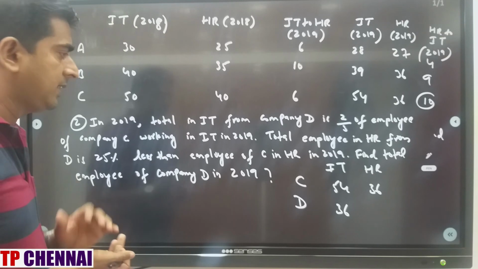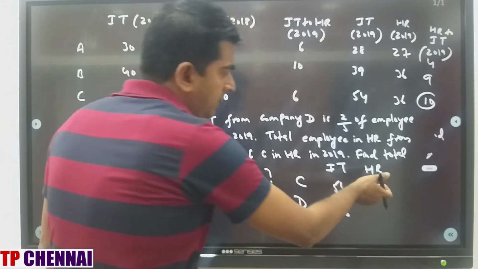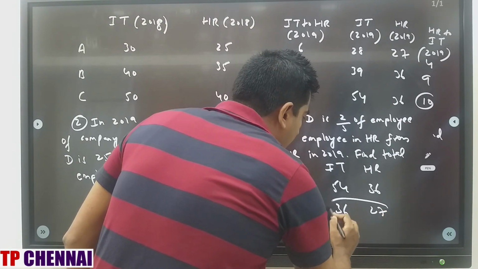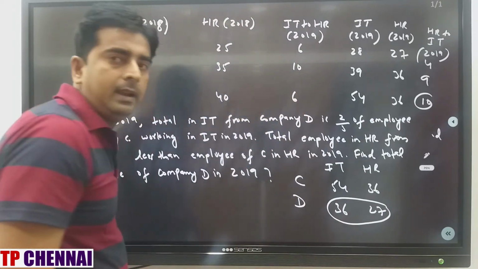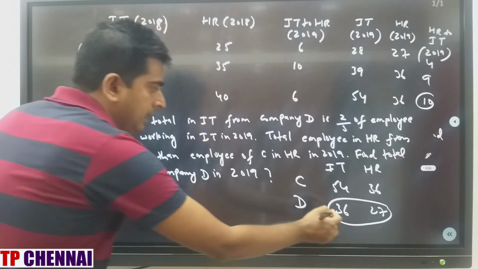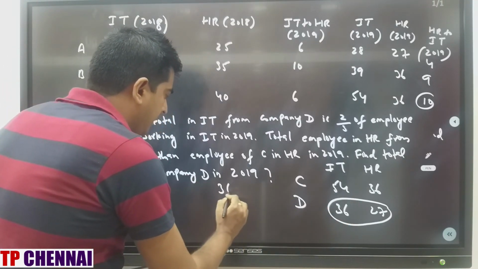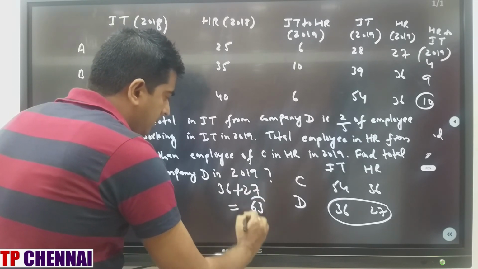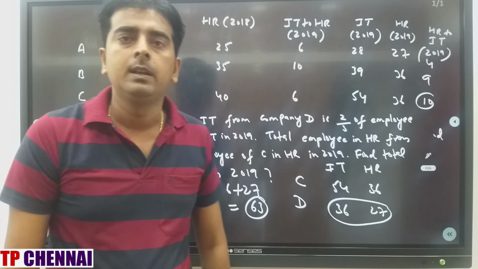What is 25% of 36? 1/4. 1/4 if you subtract from 36, it is 27. So total employees in company D from IT and HR in 2019 only they are asking. 36 plus 27. What is the answer? 63. Answer is nothing but 63.